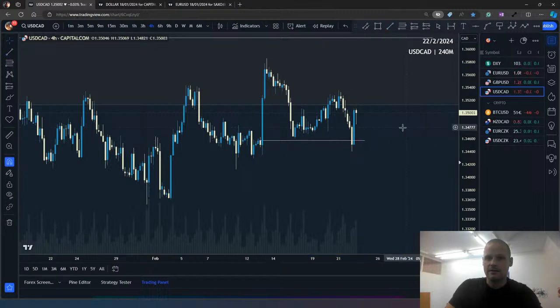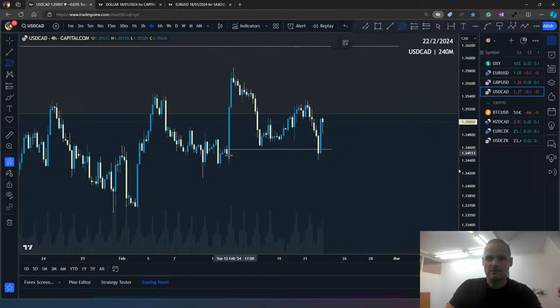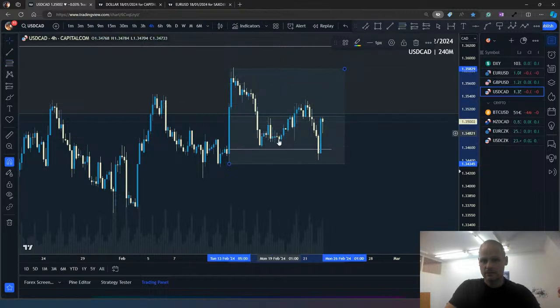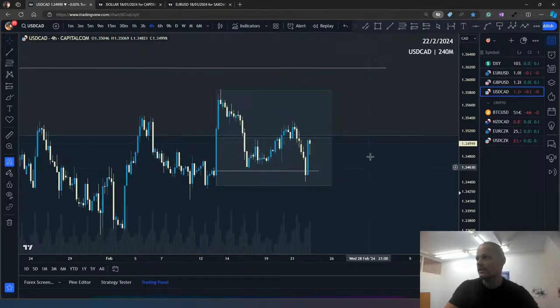We also always need to put this in here: are we in the lower? Yes, we are. Did we have the raid? Yes. So now price could potentially go higher. This is always a good way to look at the market.